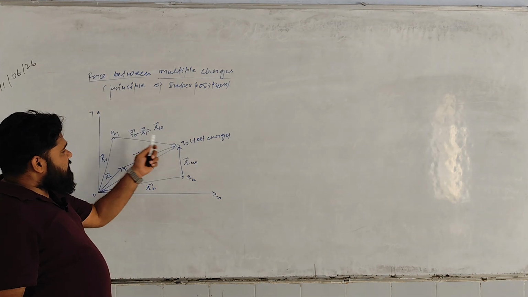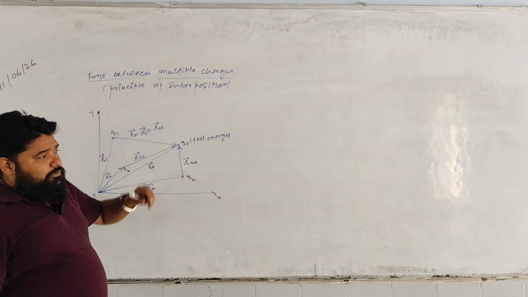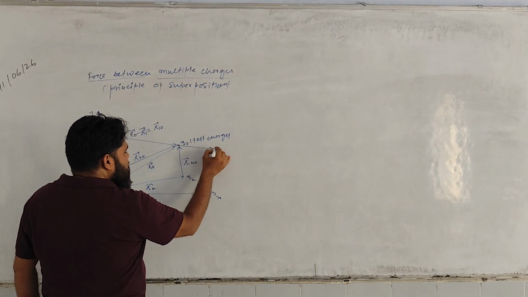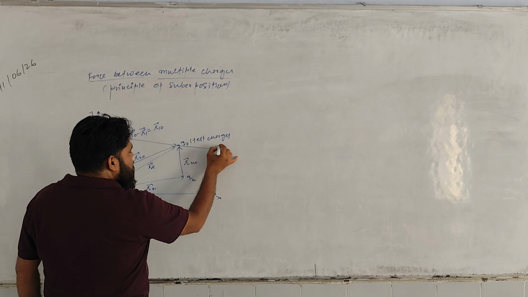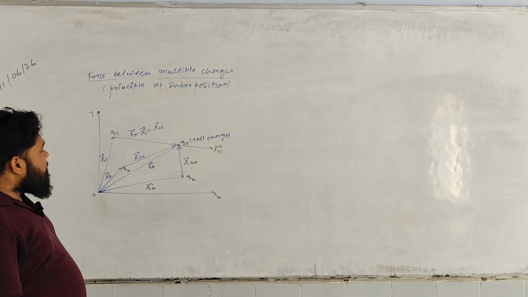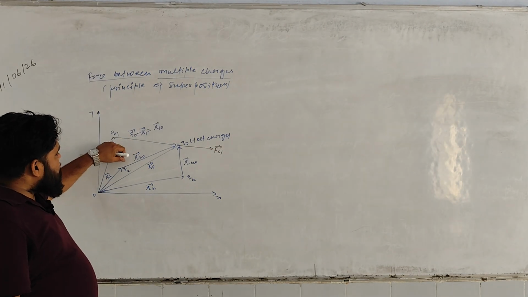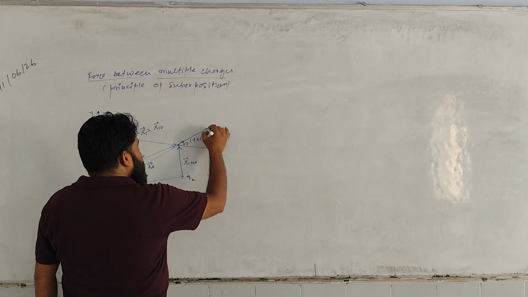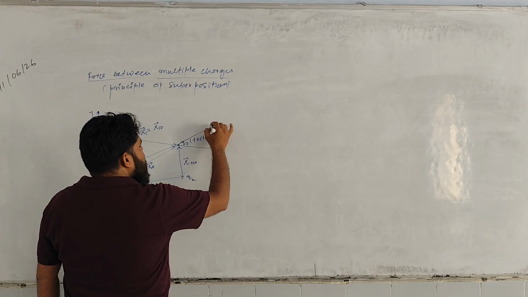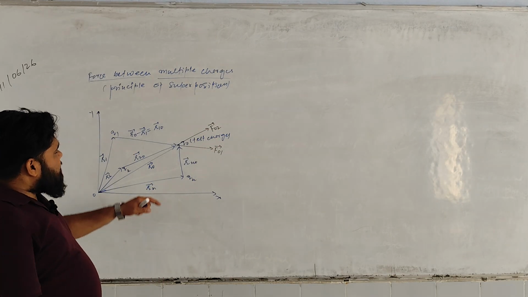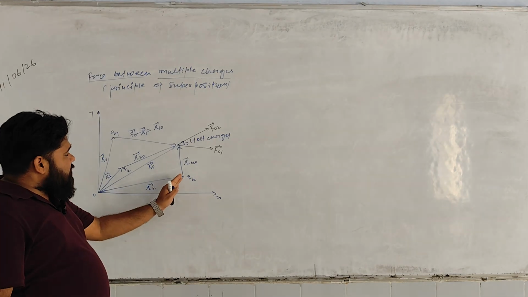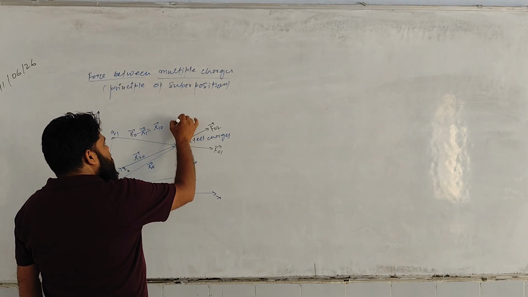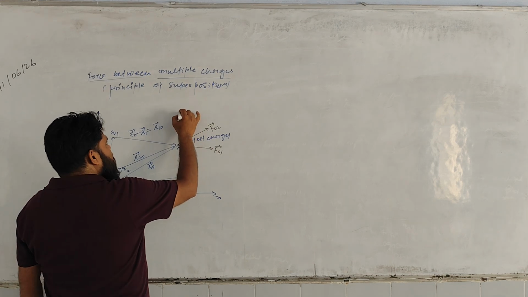These two charges have the same polarity, so q1 repels q0, and this is the direction of the force on q0 due to q1. In the same way, q2 repels q0, and this is the direction of the force on q0 due to q2. Similarly, qn also repels q0, and this is the direction of the force on q0 due to qn.